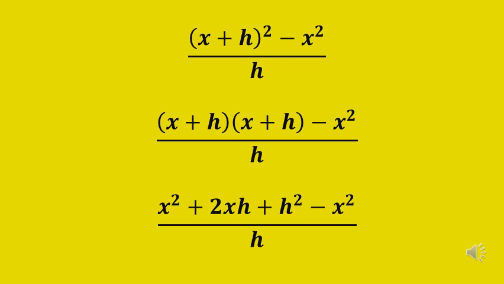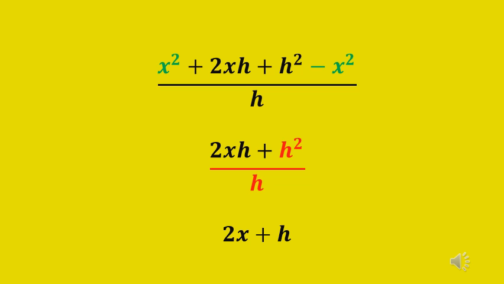And so you end up with x plus h times x plus h, all of that minus x squared all over h. What I'm going to do now is FOIL that out, literally multiply it times itself. I'll take x times x times h times x, and h times h. And if you do that, what you're going to end up getting is x squared plus 2xh plus h squared. You have all of that, and then minus x squared all over h.